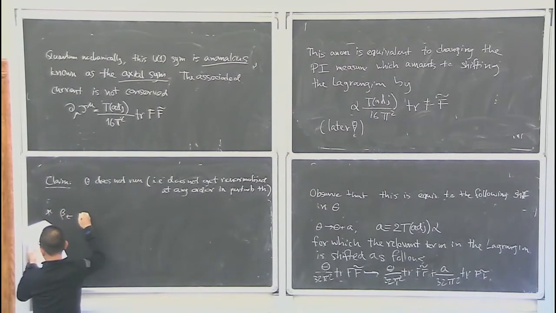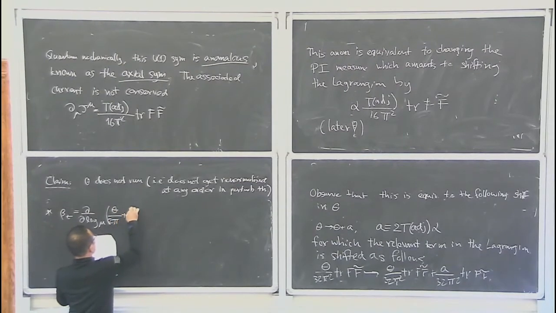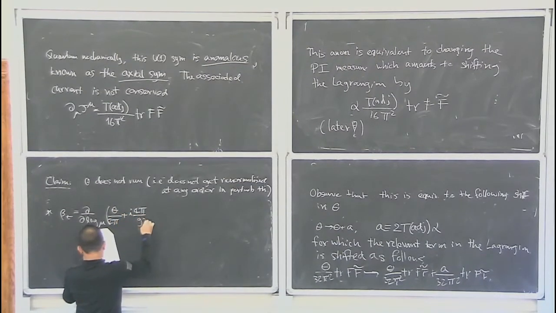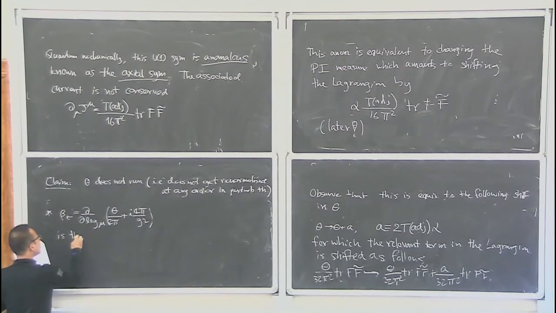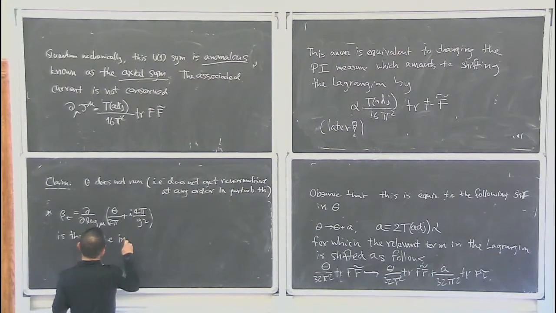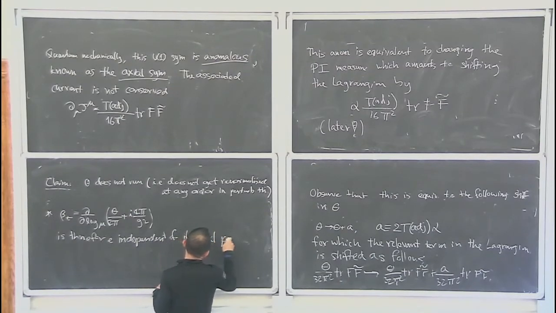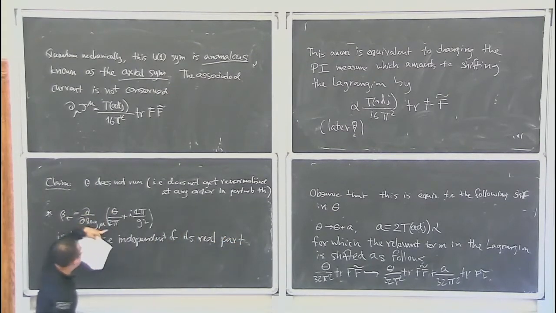Beta of tau is therefore independent of its real part, because this guy doesn't run, right?